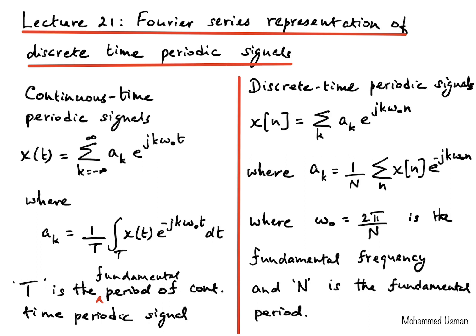Unlike in the continuous time case, where the complex exponential e power jk omega naught t or e power j omega naught t is periodic for any value of the frequency omega naught, that is not the case in discrete time. In discrete time, the frequency omega naught should satisfy a certain condition in order for the complex exponential to be periodic.